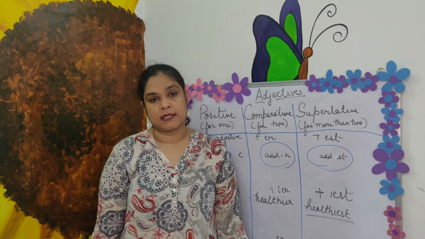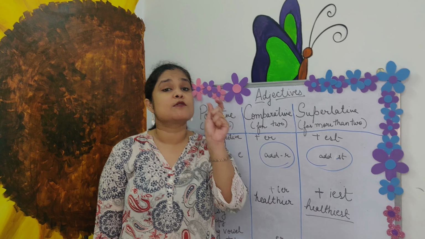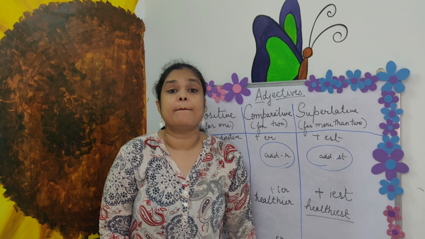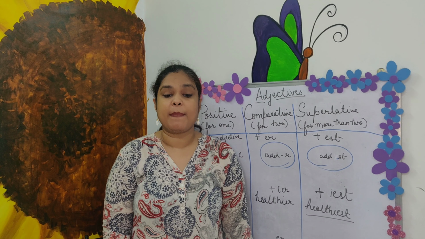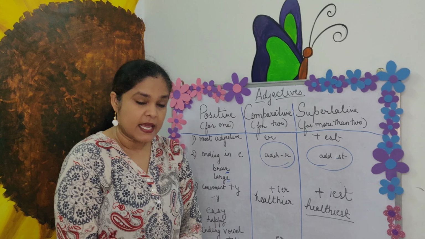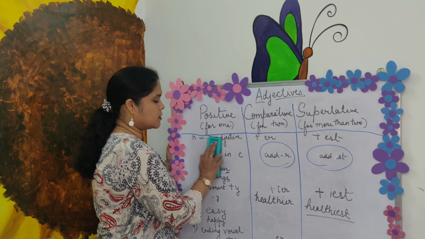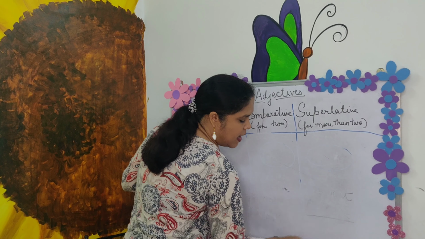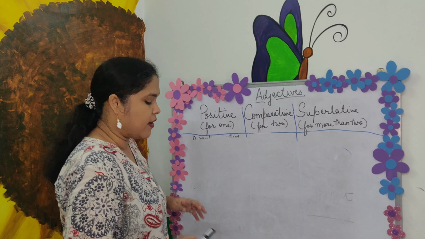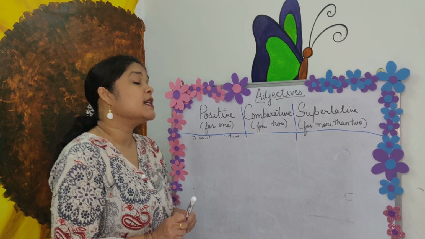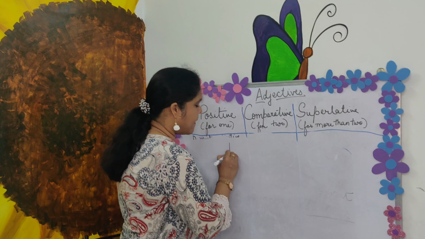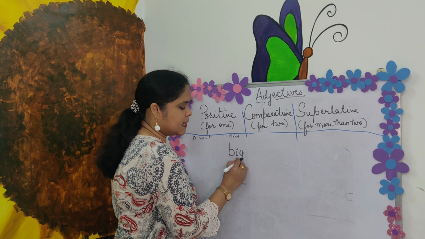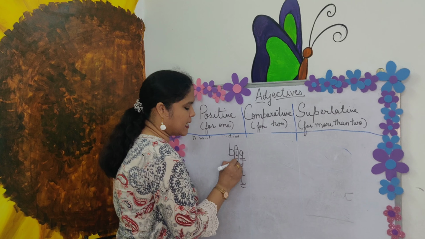We will also see one more rule, wherein there are small words with just one syllable and it ends with a consonant. For example, big, B-I-G. Let's do it on the board, so it becomes easier for us. I am erasing these rules. I am sure you have understood them very well. For example, a small word with just one syllable, which is big, or maybe hot. It's ending with a consonant and it is just one syllable.